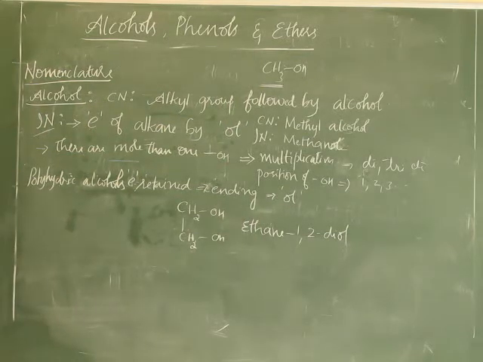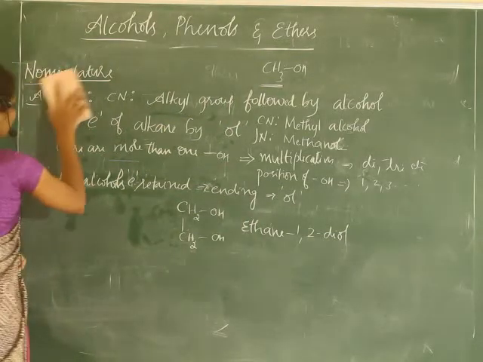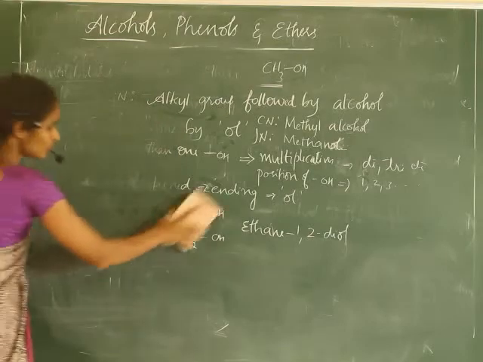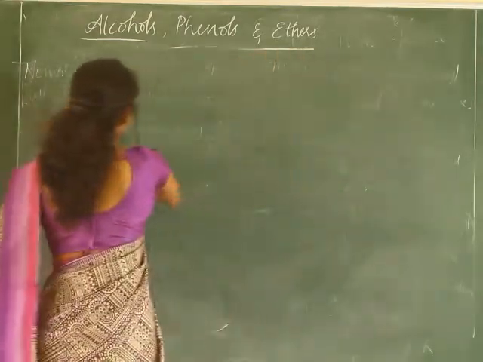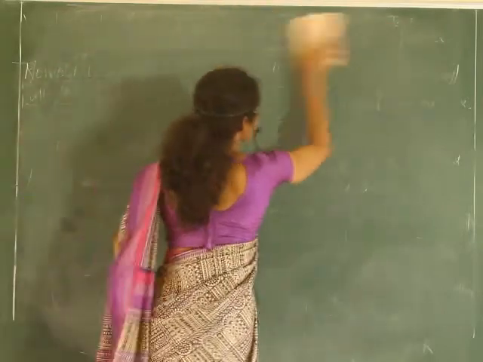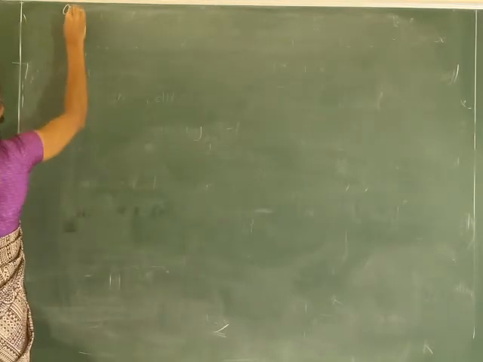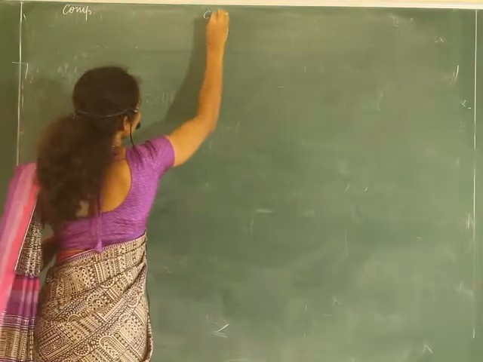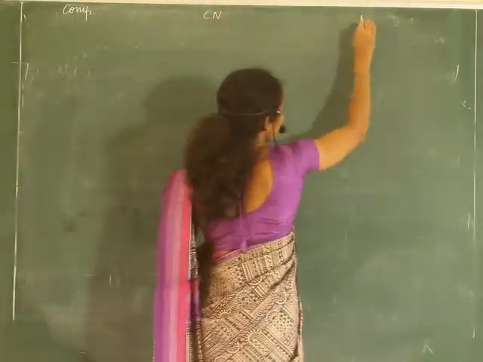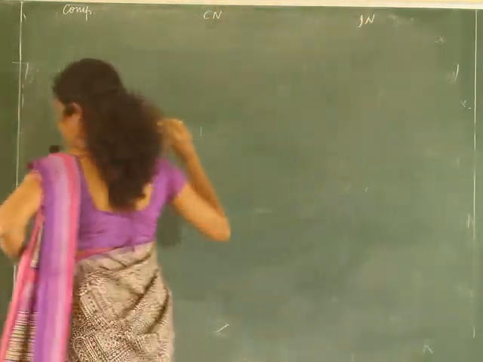We will see one by one by taking a few examples which are present in your textbook. Okay. First column is the compound. Next is the common name. Next column is the IUPAC name.